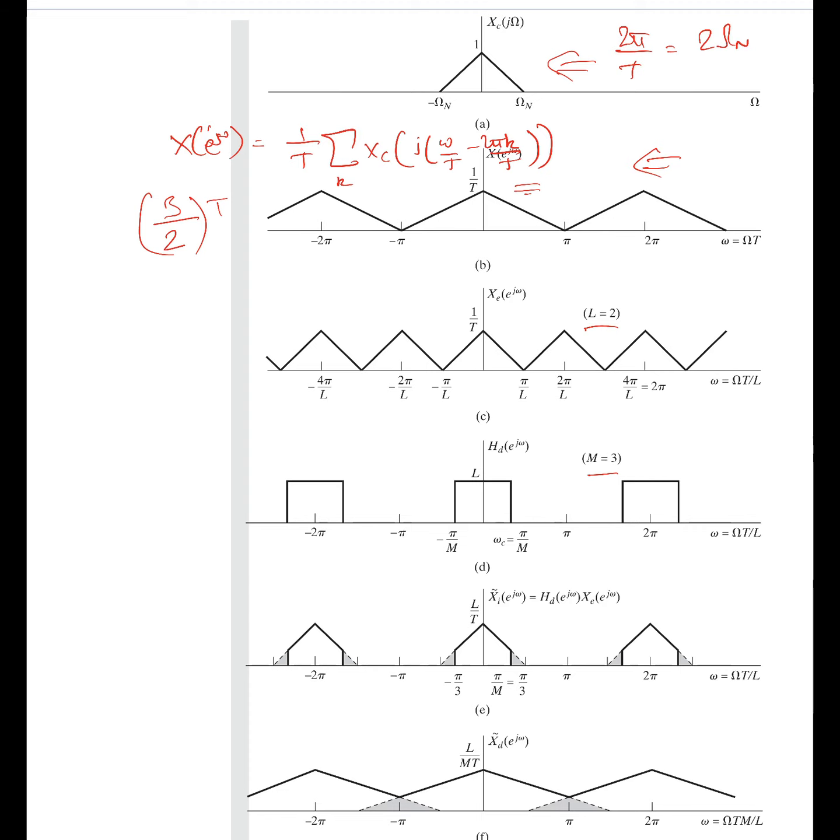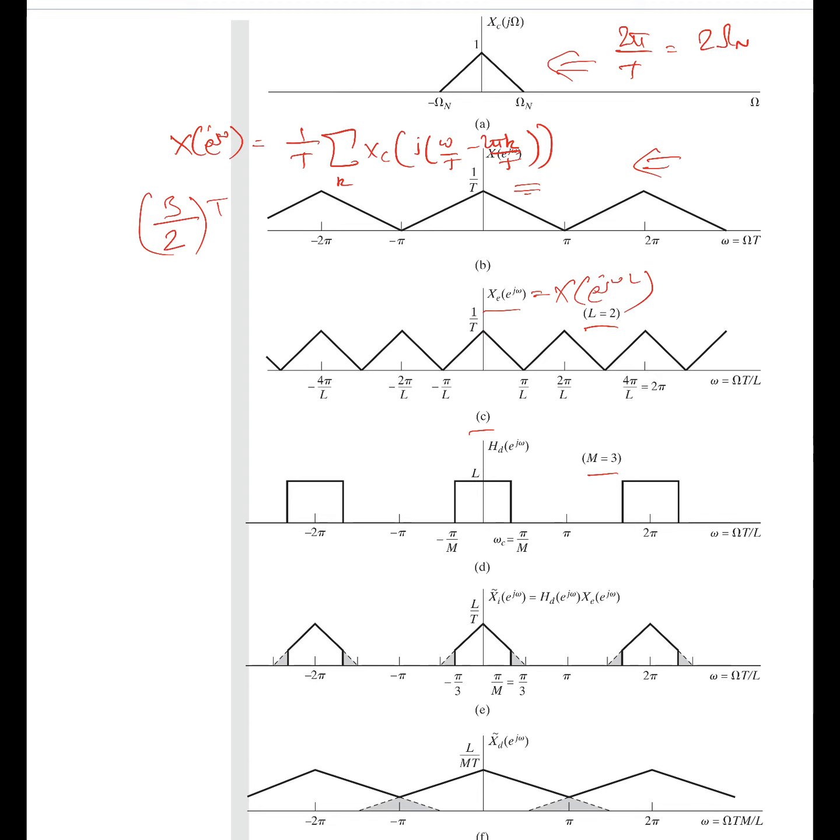So figure C shows the DTFT of the output of the L equal to 2 upsampler. We had seen earlier that X e of e to the power j omega would be equal to X of e to the power j omega L, with L equal to 2. If we were interested only in interpolating by a factor of 2, we could choose the low pass filter to have a cutoff frequency of omega c equal to pi by 2 and a gain of L equal to 2.